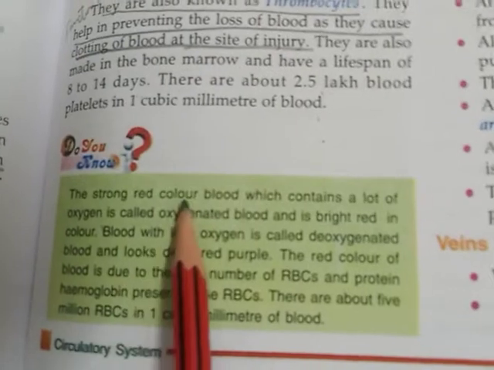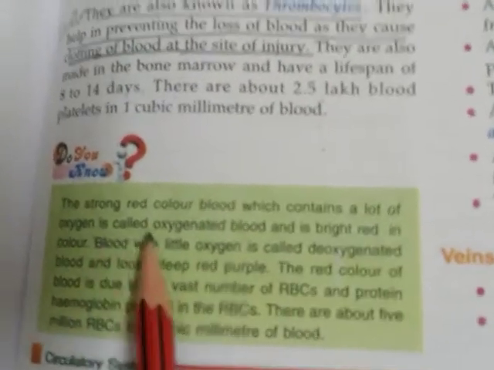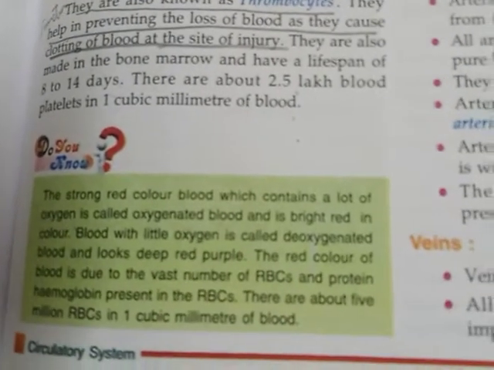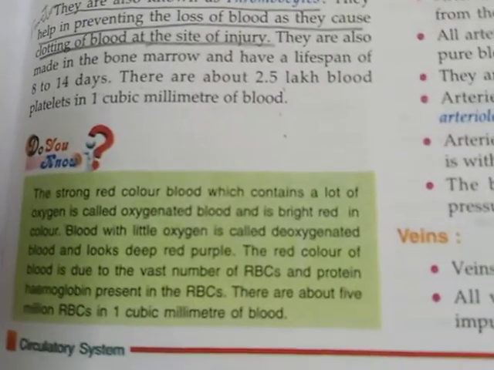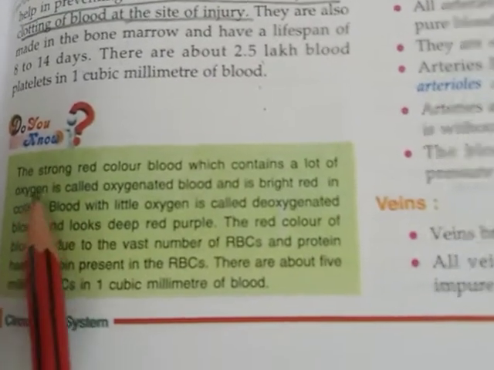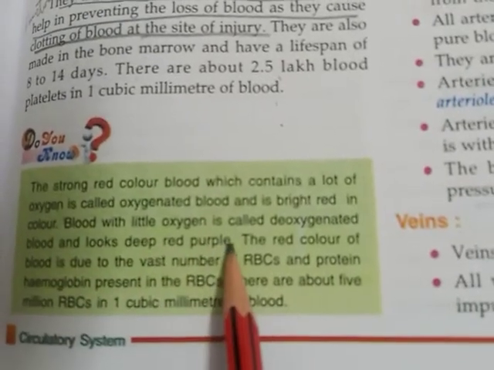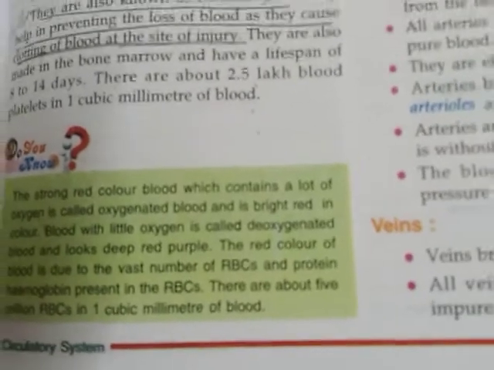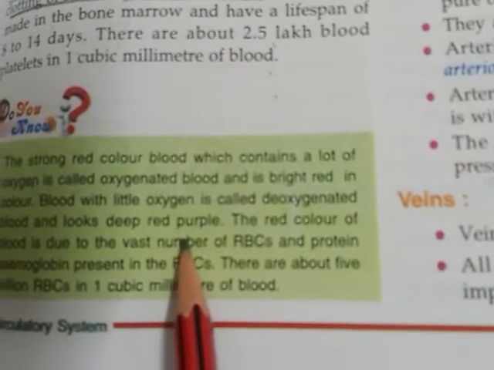Now see the red color. The strong red color blood which contains a lot of oxygen is called oxygenated blood. As we have seen the difference between oxygenated blood and deoxygenated blood, oxygenated blood is bright red in color because of the presence of oxygen in it. And deoxygenated blood is dark red in color, or we can call it purple, because of the presence of less oxygen in the blood.